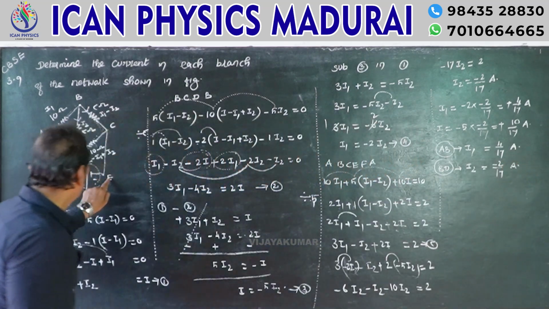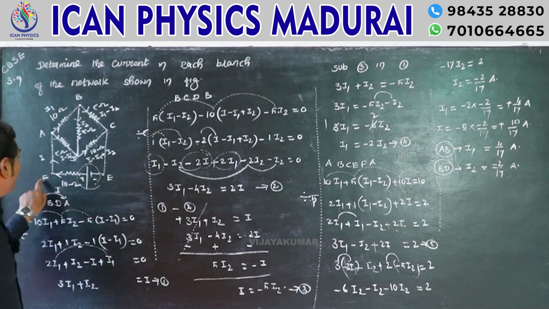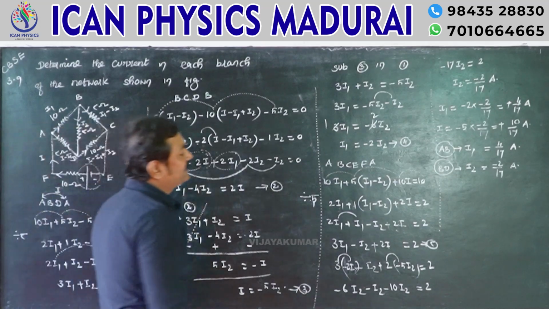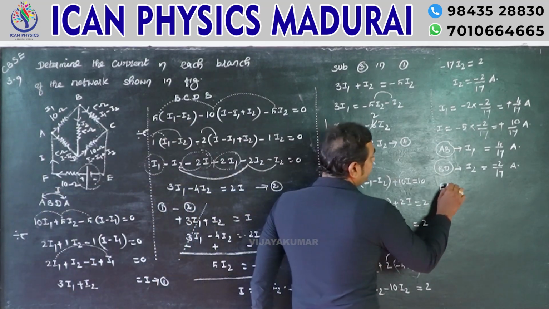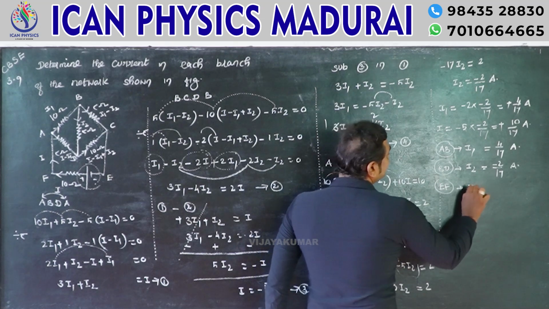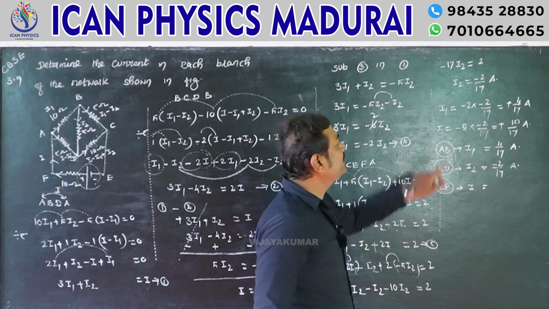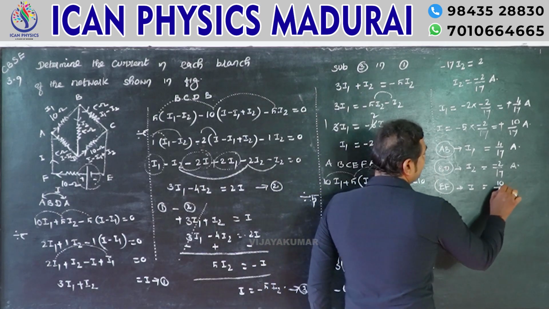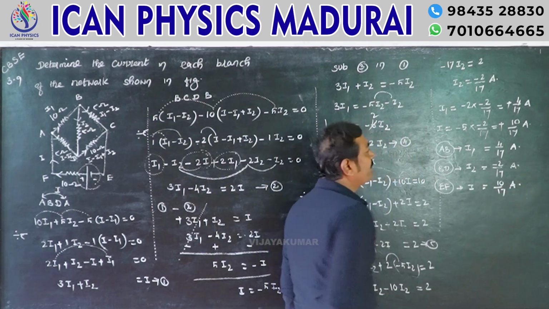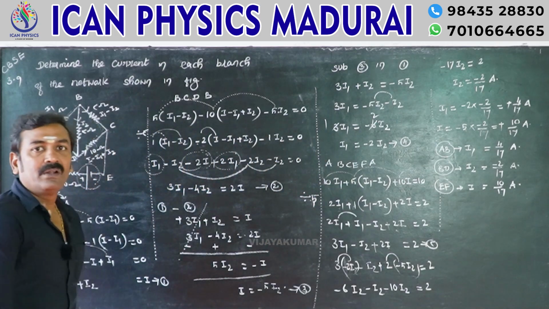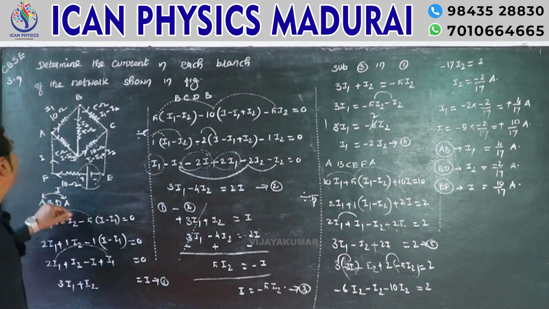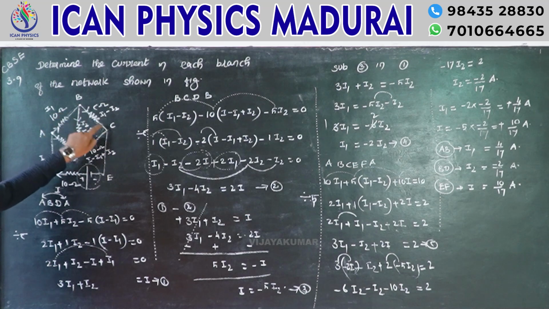Now E to F. I is the current. So in the arm E to F, I is the current. The value of I is 10 by 17. This much of ampere. Do you get it now? Right. Fine. Now I am going for B to C. So what is B to C?